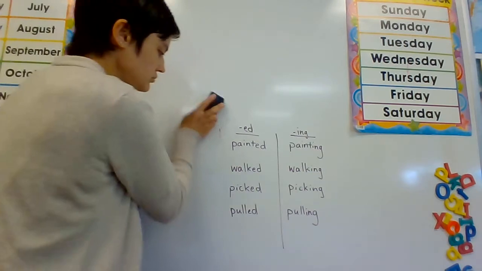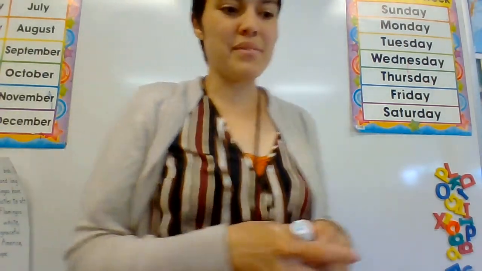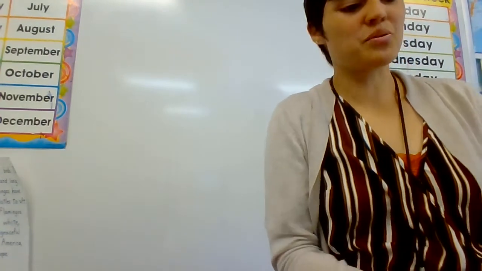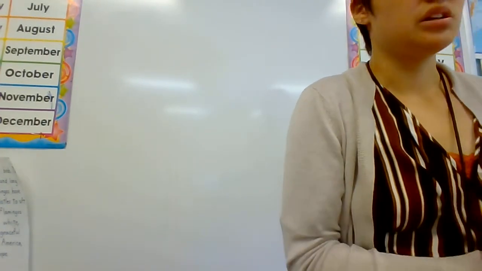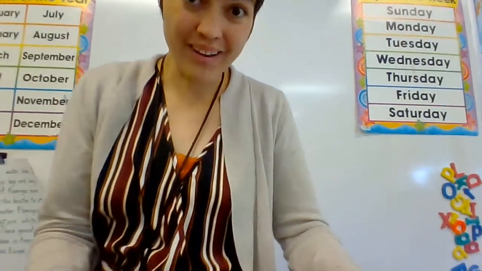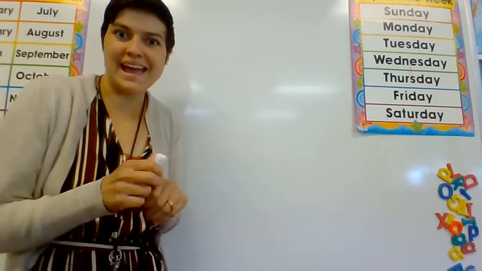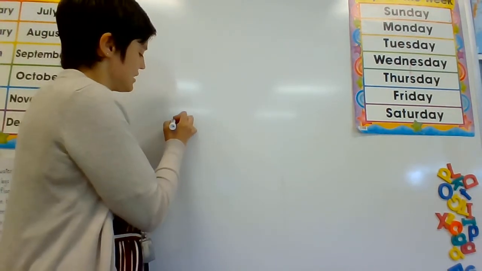Okay. Now, I want you to help me to spell these words. Okay, I have the root word or the base word play, and it's spelled, how do I spell it?